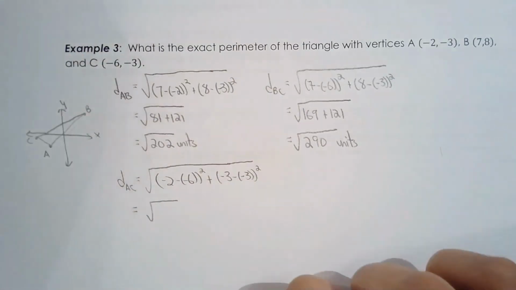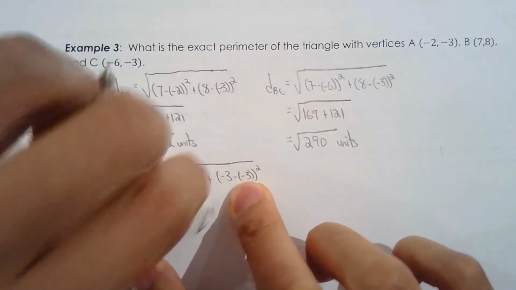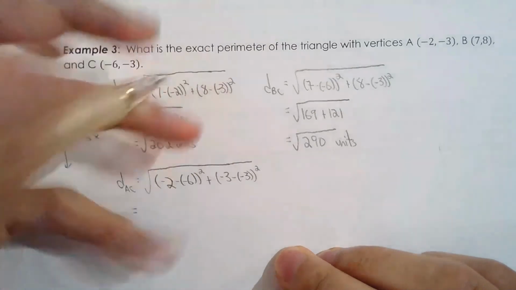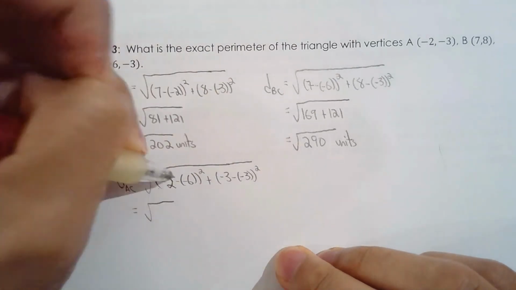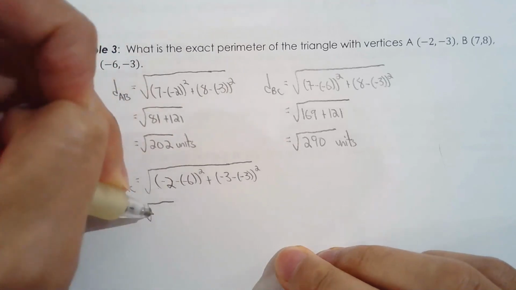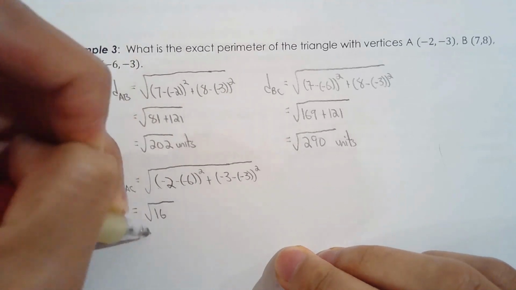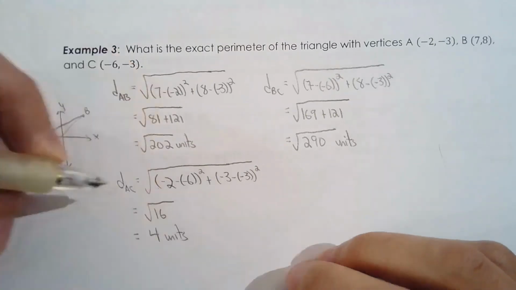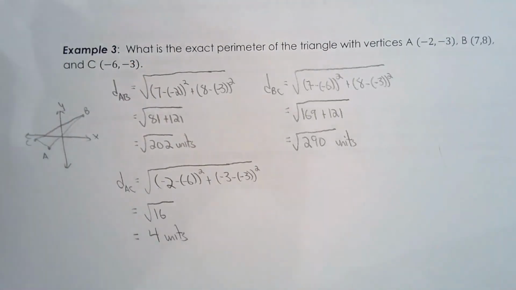So, whoops, this is going to be actually, you know, I won't skip this step, I'll show you. So -2 minus -6 is 4. 4 squared is going to be 16. And I was going to skip this step and just write 4, but you can take your time. All right, so guess what?